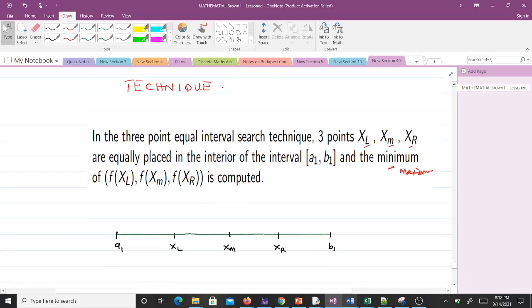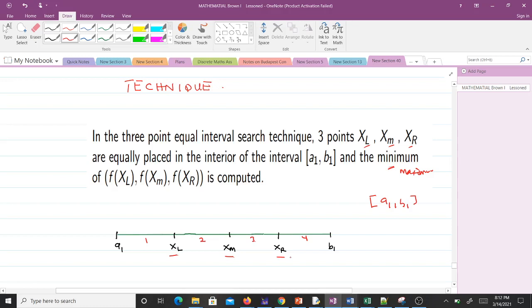So this is what we mean. We will have an interval, say [a1, b1]. Then we will divide this interval into 4 equal parts, and that means you're going to have 3 interior points. So, there's the first part, second part, third part, and fourth part, and we have 3 interior points, XL, XM, and XR.